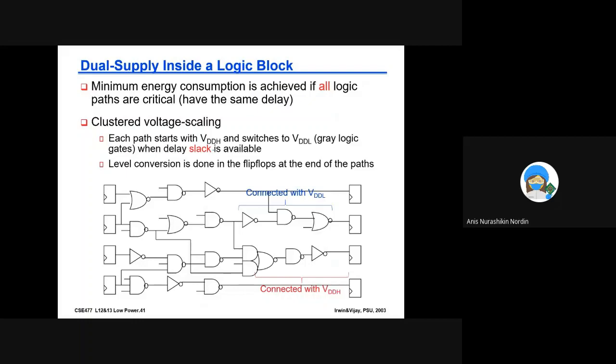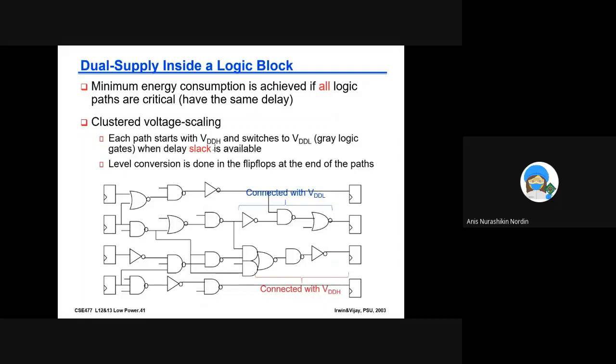So this is known: minimum energy consumption is achieved if all logic paths are critical, or all logic paths have the same delay. But if certain paths have higher delay, you can do clustered voltage scaling, meaning you are going to put different VDDs.